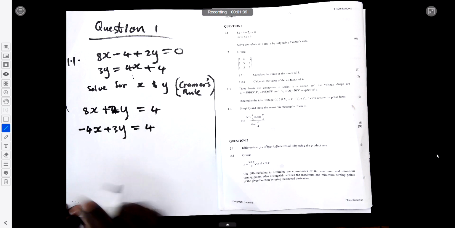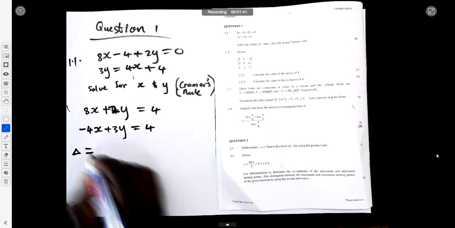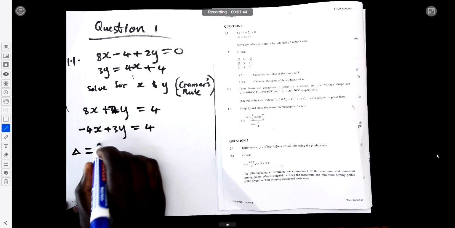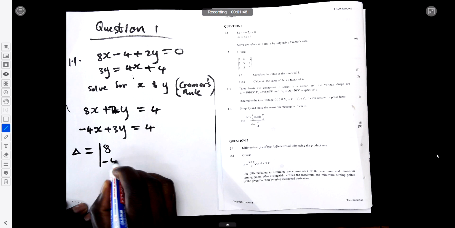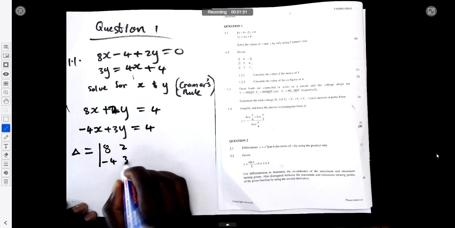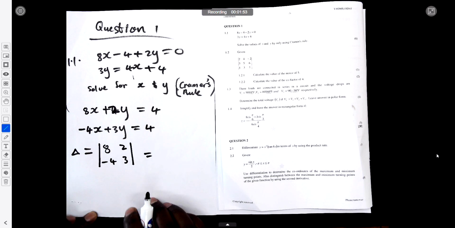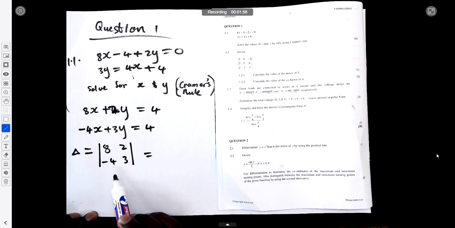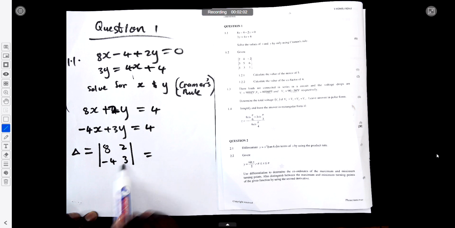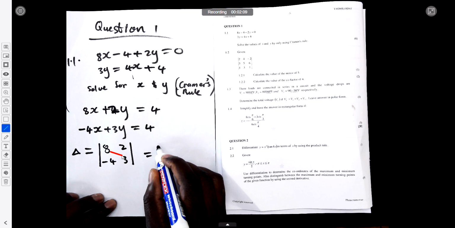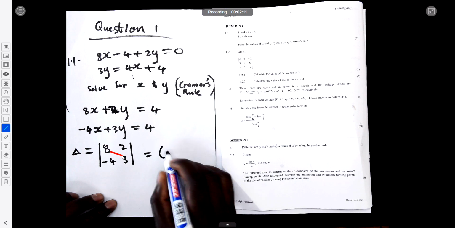Now we have to deduce what we call delta, or the determinant. The first column comes from the coefficients of x, so we have 8, minus 4, and the second column 2 and 3. Our determinant is equal to, by the simplification of second order, 8 times 3 diagonally down, which is 24.